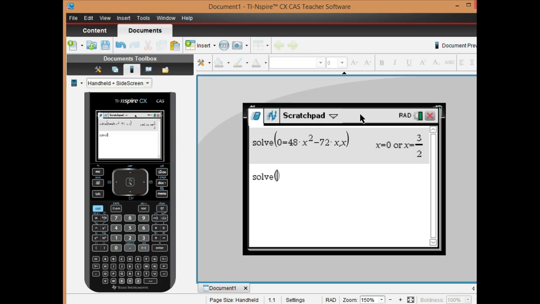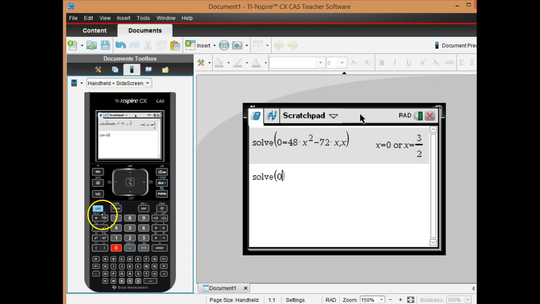Okay, so now here's the hard part. Now you type the equation in, so you got to go 0 equals, where did I get it from? It's just the velocity equation set equal to 0. So X is a green button at the very bottom.